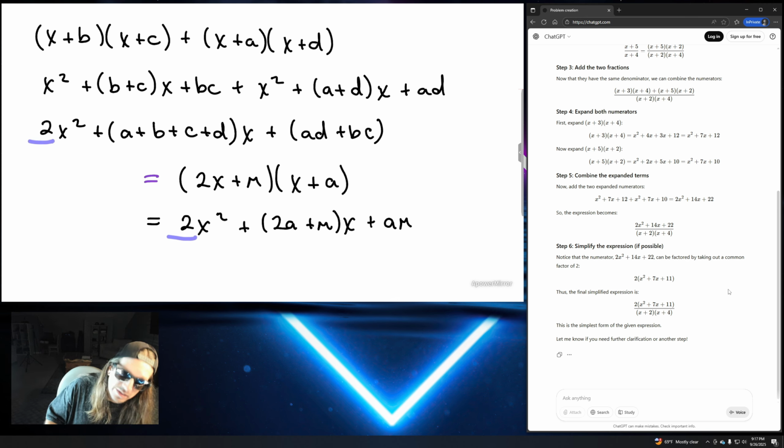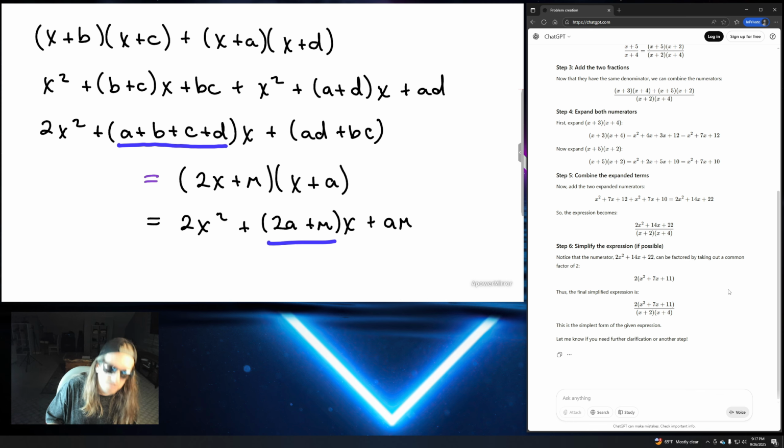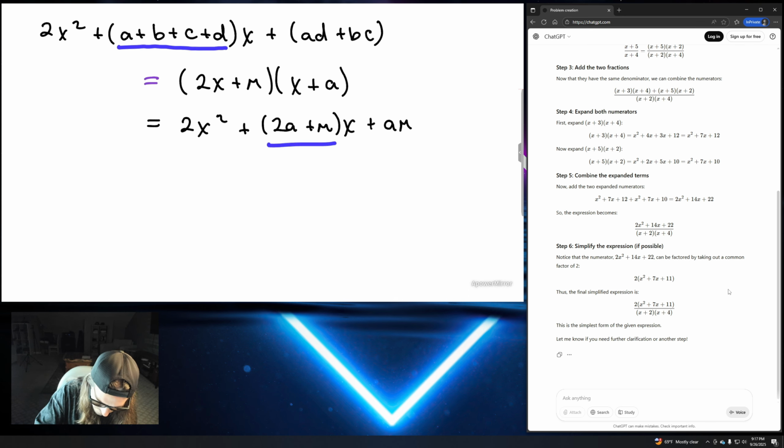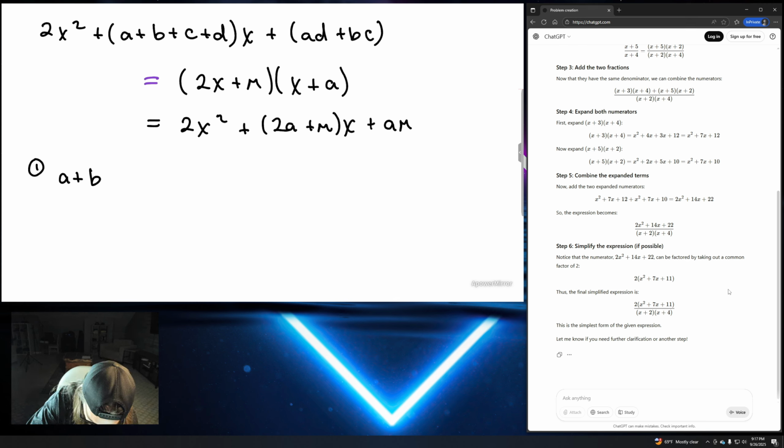Obviously, the 2 is going to be a 2. But we're going to get one equation here by setting a plus b plus c plus d equal to 2a plus m. So this will be our first equation. Equation 1. We want a plus b plus c plus d equal to 2a plus m.